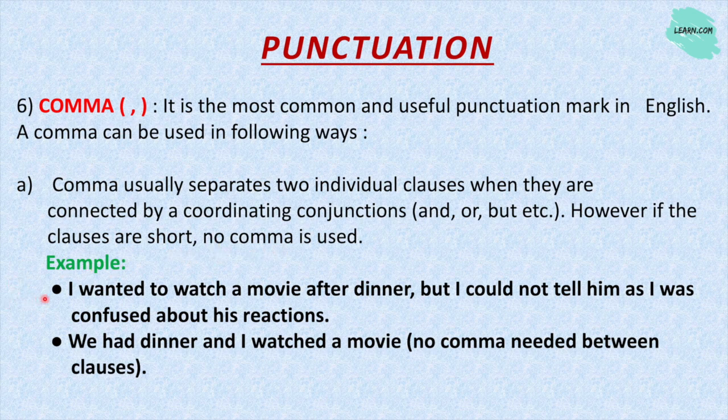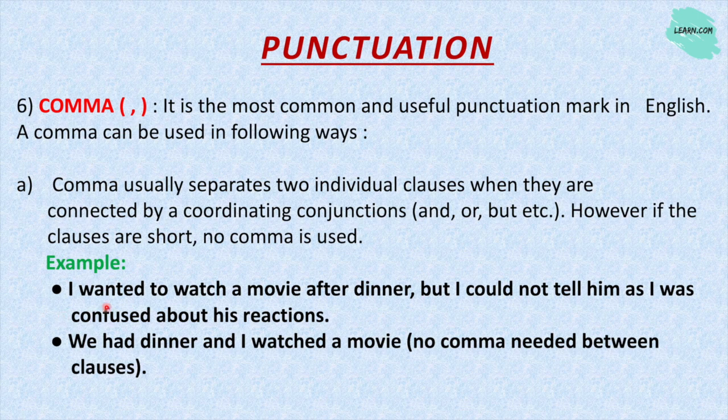So the first case where we are using comma is in case of independent clauses or coordinate clauses. So this comma separates the two independent clauses which are connected by the coordinating conjunctions. Like some conjunctions I've mentioned here, and, or, but, there are many others. So the comma separates the two clauses.